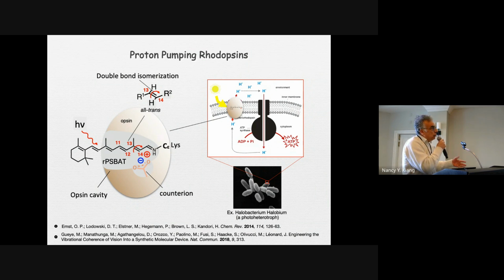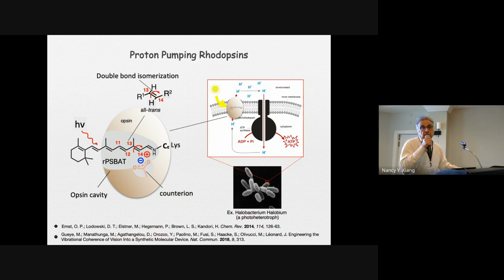And we also know that the key player here is a molecule called a protonated Schiff base of retinal, with 6 conjugated double bonds forming an electronic structure which is highly polarizable. But it's also a cation, so it has a positive charge, and this positive charge is usually stabilized by a negative charge, called the counterion, of the protein itself.